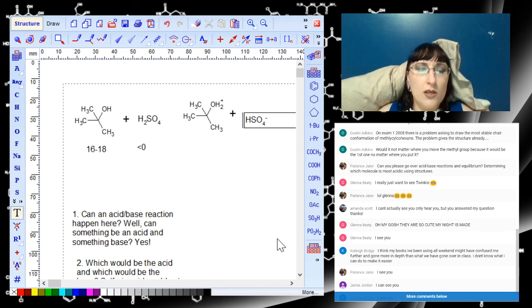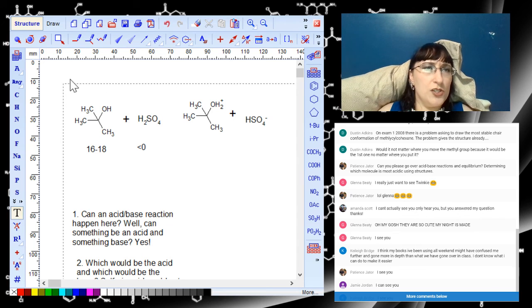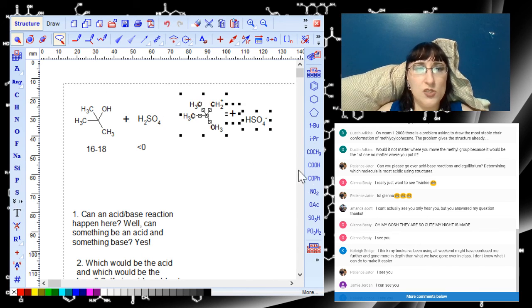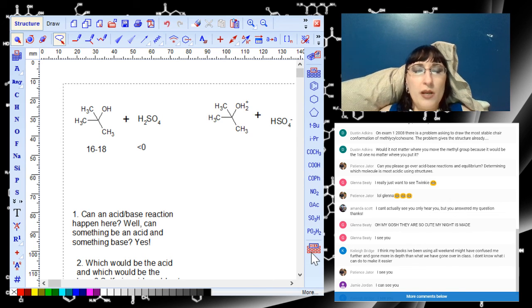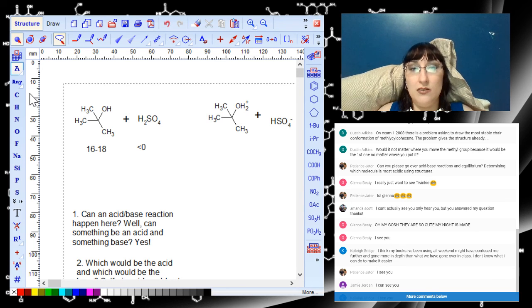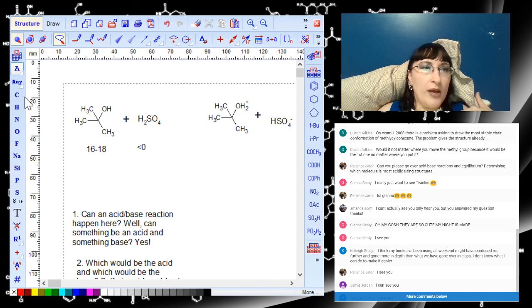Okay, so then the question is, and this chem program can't really show the arrows the way that I've been doing them in class, but I've been talking about which way the equilibrium would favor. And so for that, you would say you want to favor the formation of the weaker acid in the solution. So for this one, I probably gave you a bad example. I'm sorry for that, but it's the same thing.